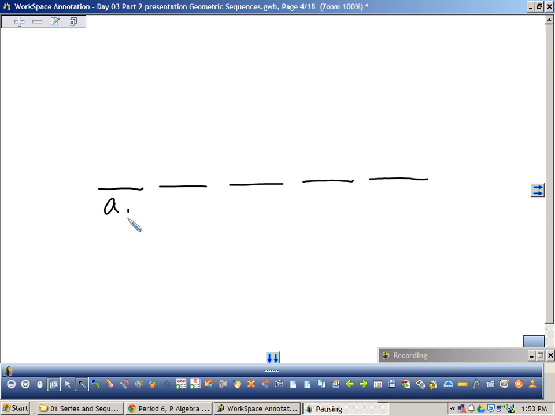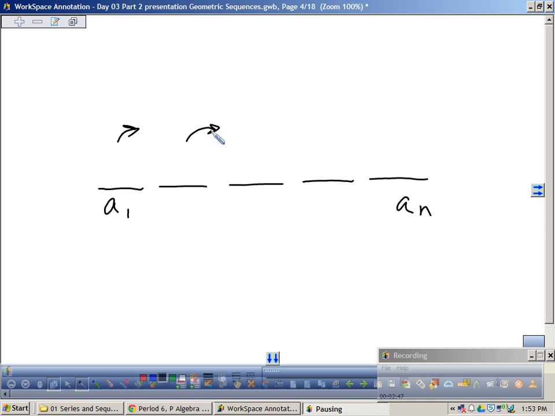These are your terms, and these jumps right here, how much you have to add or subtract would be the d, and how much you have to either multiply or divide to get to the next term is your r. So that's the only difference.